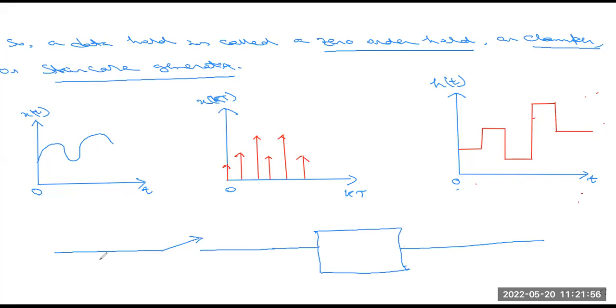So this is a continuous time signal x of t, sampler here, x of kt, inputted here at a zero order hold block, then finally the output, that is h of t.